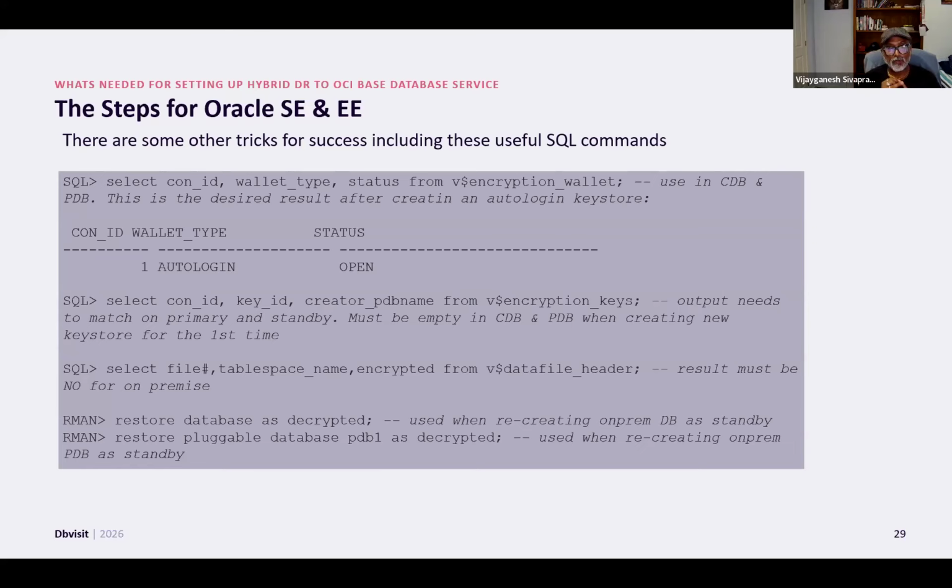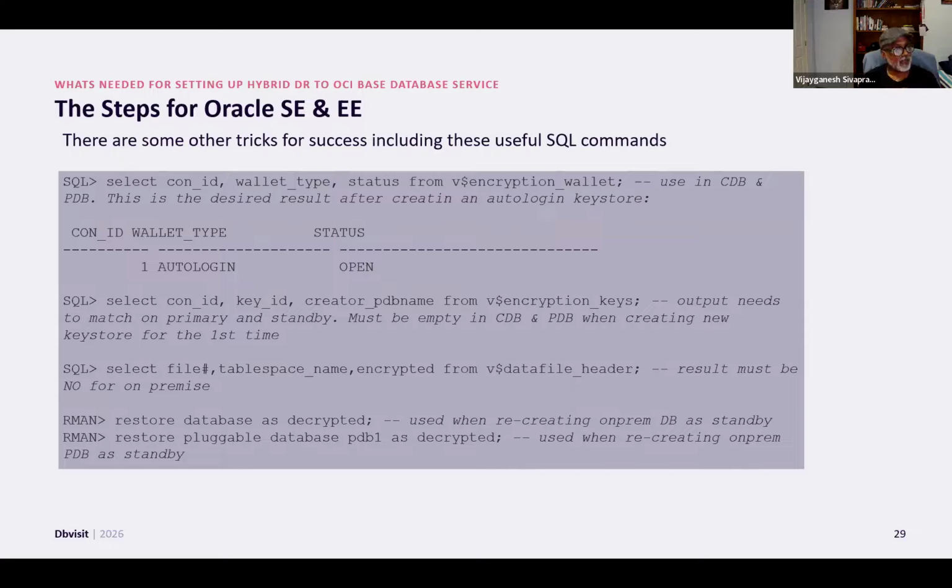So, from patches 19.18 to 19.24, what happened with this setting to manual, especially for standard edition, was that whenever a new table space was created on your OCI primary after the switchover, however much we tried, by default, for a standard edition environment, the standby environment on-premise created that particular file as an encrypted file.